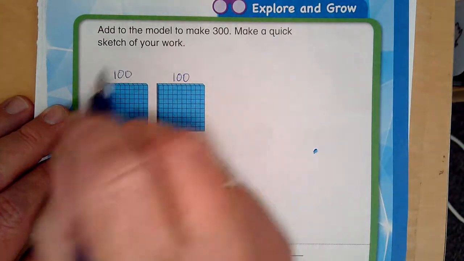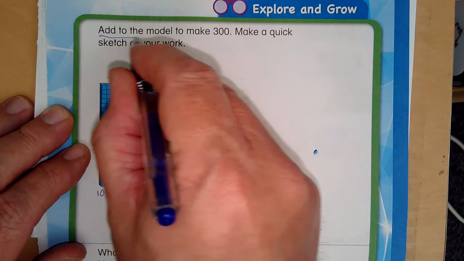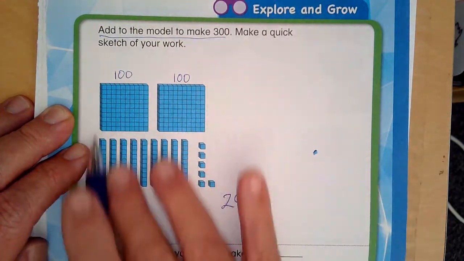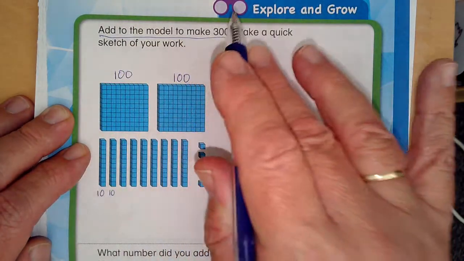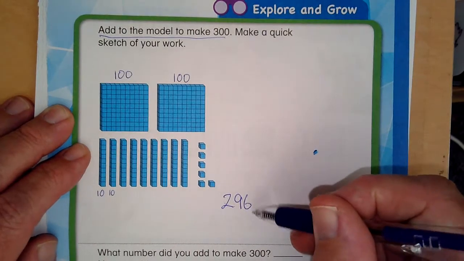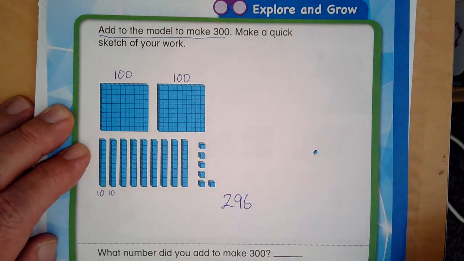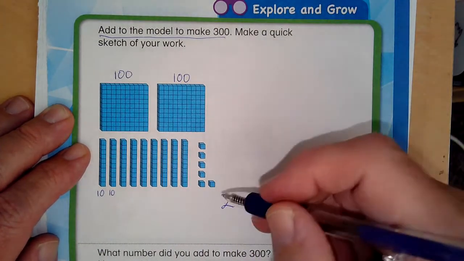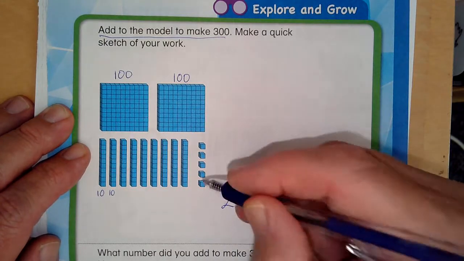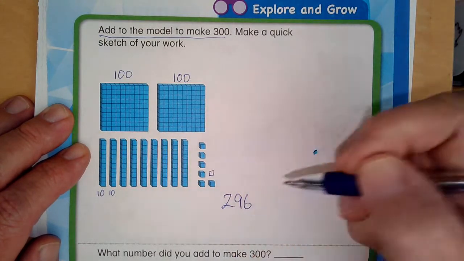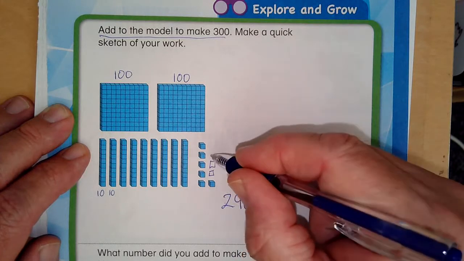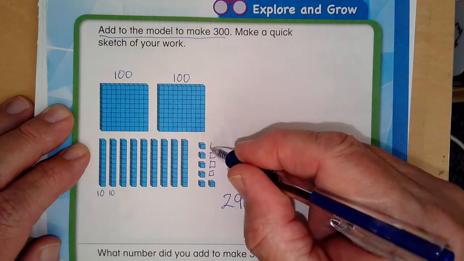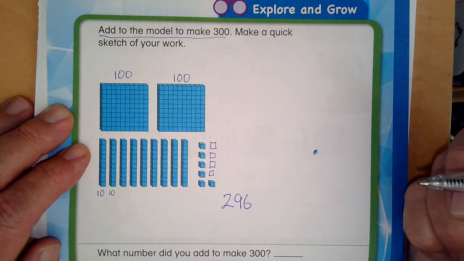And what did they ask us to do? Add to the model to make 300. Well, all I have to do is keep counting up to 300. So I have 296, 297, 298, 299, 300.